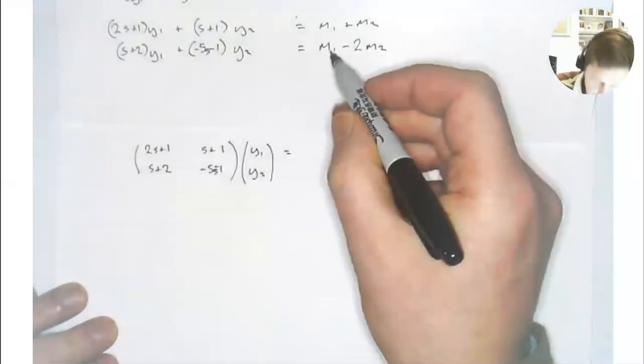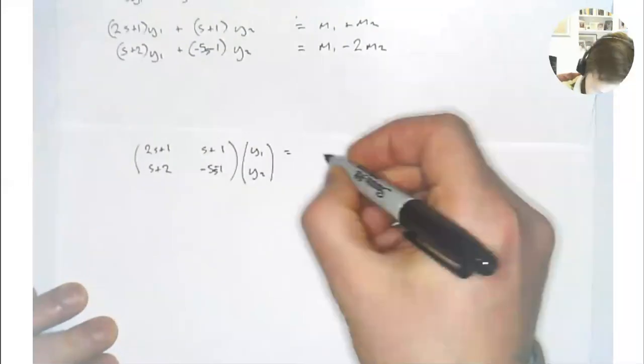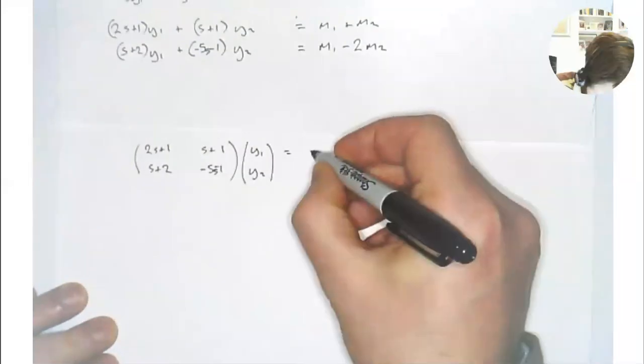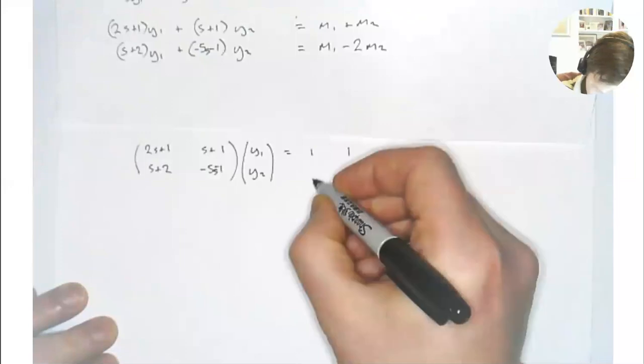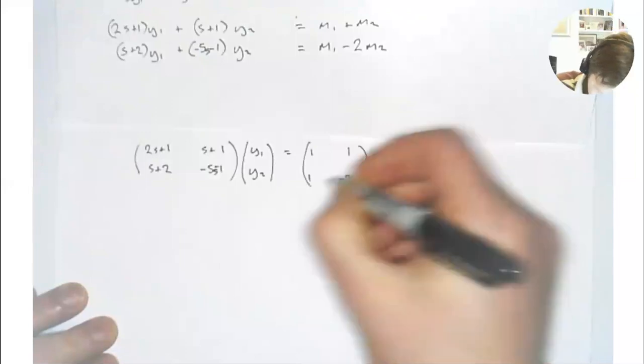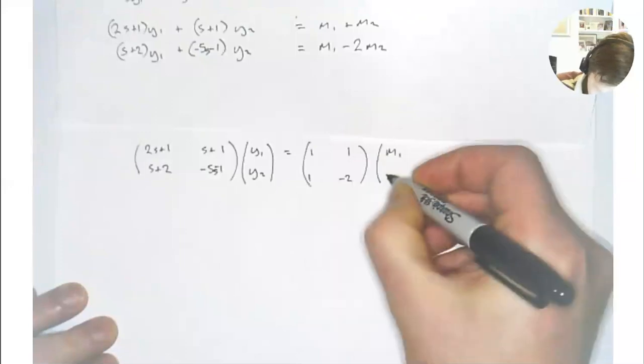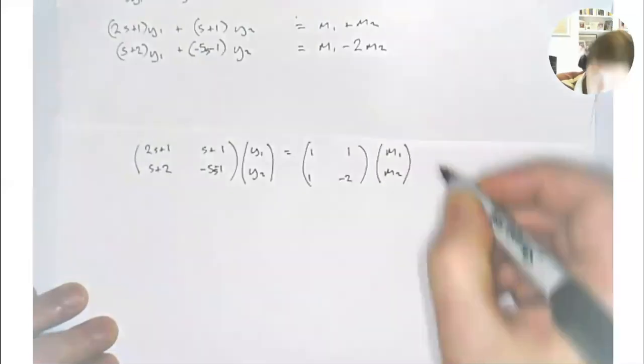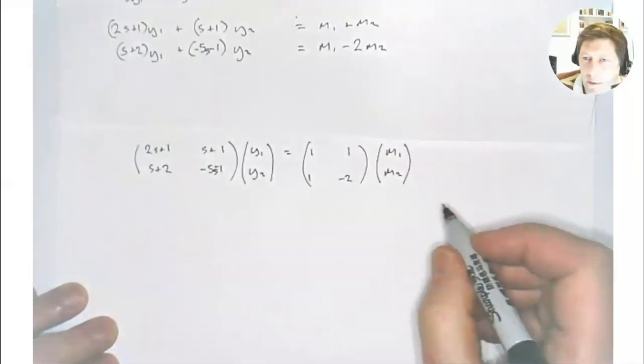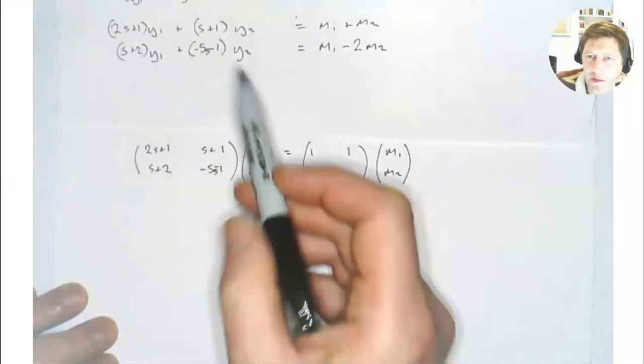And then we've got our m's. So it's going to be 1, 1, 1, minus 2, multiplied by m1, m2. So that's going to give us the same equations as these.